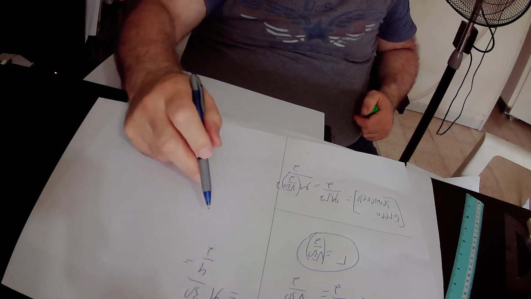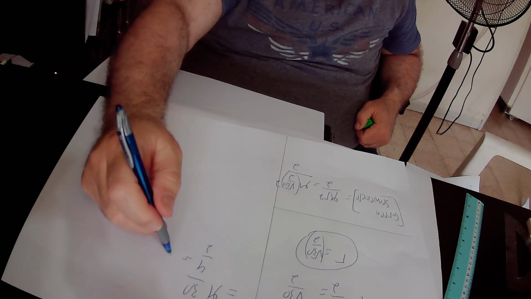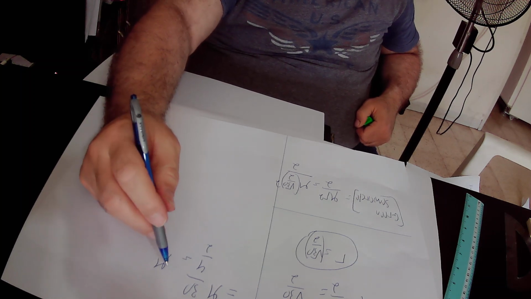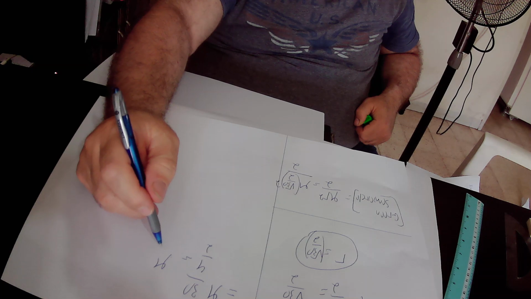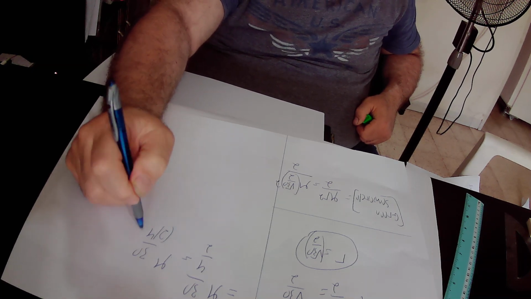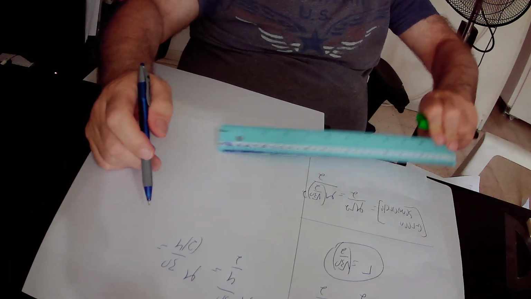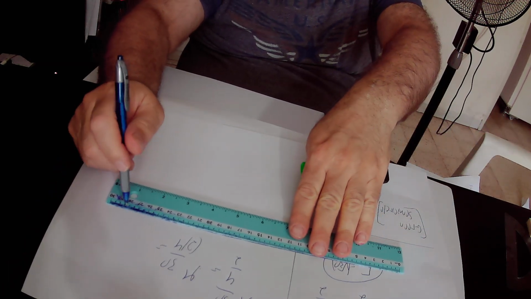So the area of the green semicircle equals the value of this expression. The value of this expression is pi times 30 over 4 divided by 2, that is 30 over 4 times 2. So here 30 over 2 is 15.